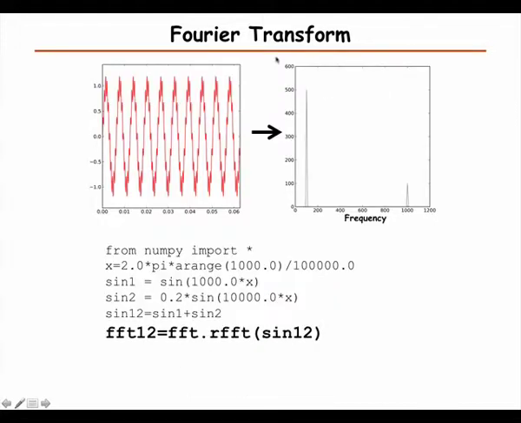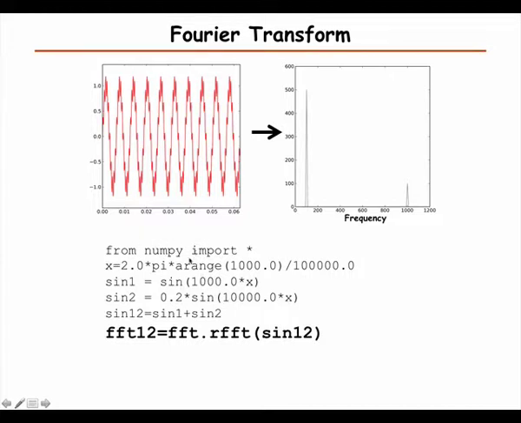If we do this now for our function, the two sine waves added together, and we show the absolute value, we see that there are two frequencies, and the amplitude of one of them is 5 times larger than the other, exactly what we did to generate it. This is just some code. You will get into that later.